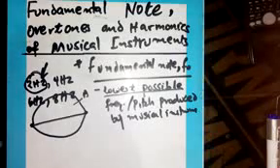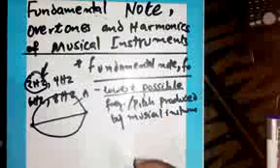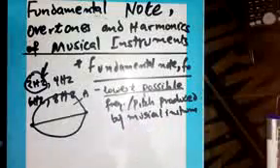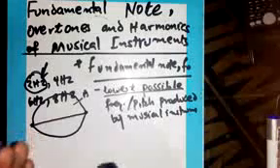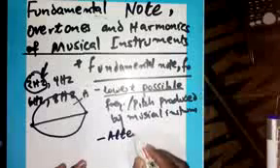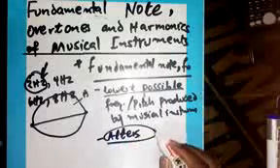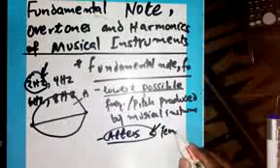The big concept which you must know, and I think it even came in last year's exam, is that the fundamental frequency alters. That means it changes during a day. Why? Because fundamental frequency is affected by temperature.